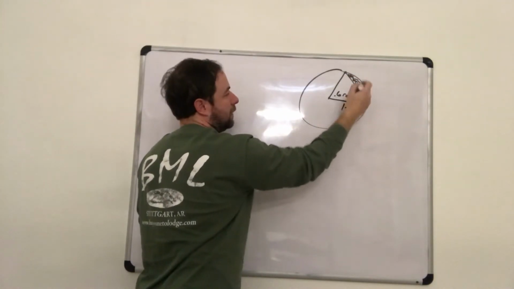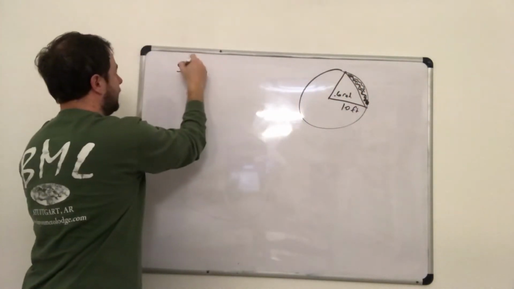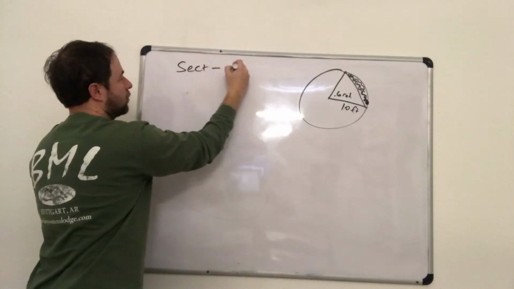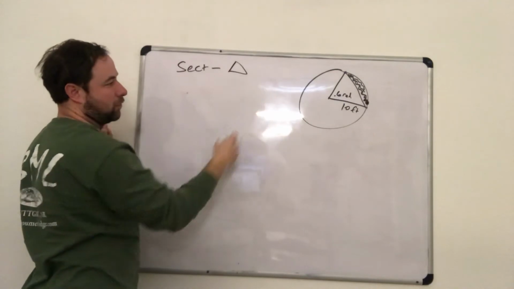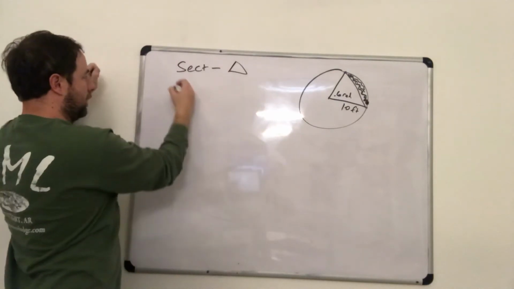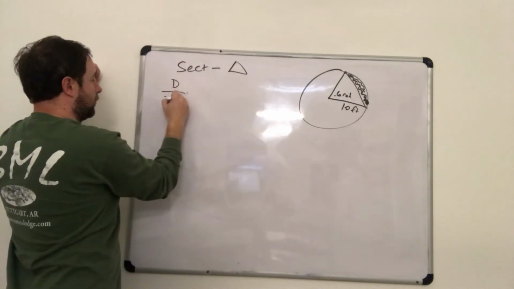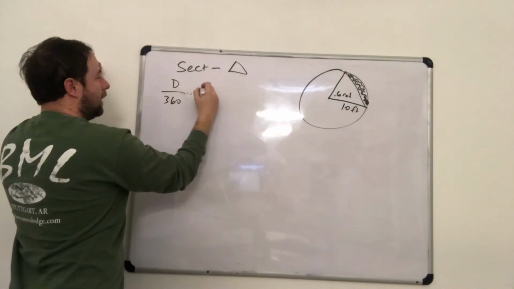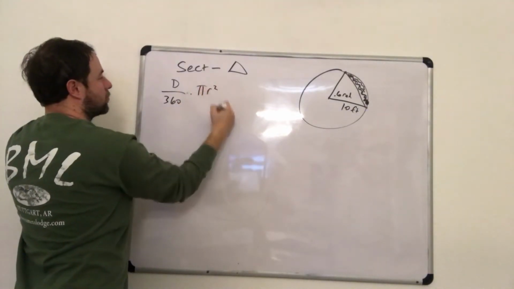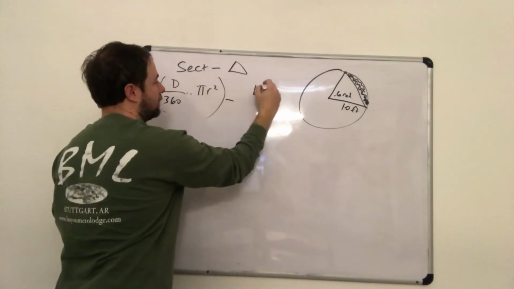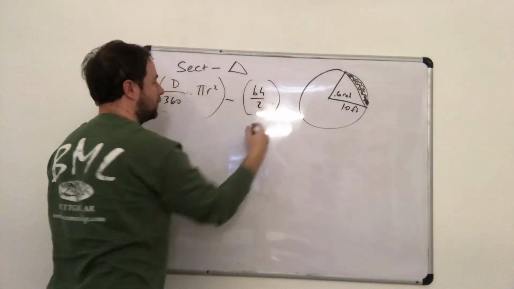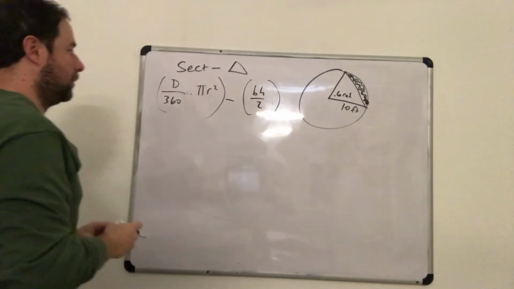So you have to take the area of the sector and subtract the area of the triangle, and then it's going to give you what is left over. Now, area of the sector is degree over 360 times pi r squared. So you take that and then subtract base times height divided by 2, and then you'll come up with your answer.